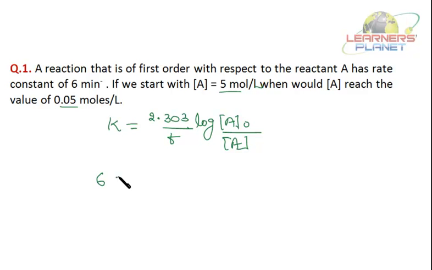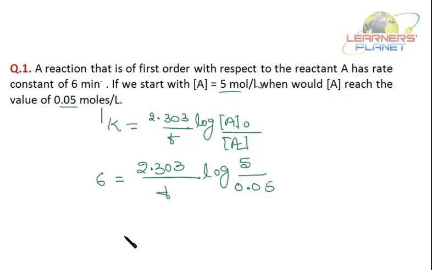So we'll get 6 is equal to 2.303 by T, where time we don't know, into log of the initial concentration, that is 5 divided by 0.05. Just solve this. Now what will be log of 5 by 0.05? It will be log 100, right?